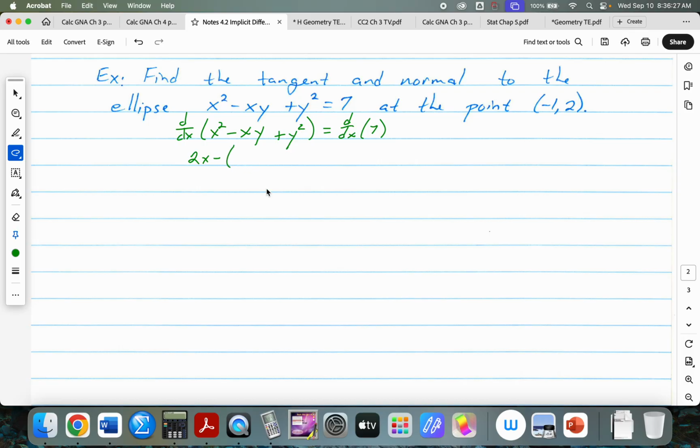Minus, now I have a product, x times y, so I have to use the product rule. x times the derivative of y with respect to x, which is dy dx, plus y times the derivative of x with respect to x, which is just 1.